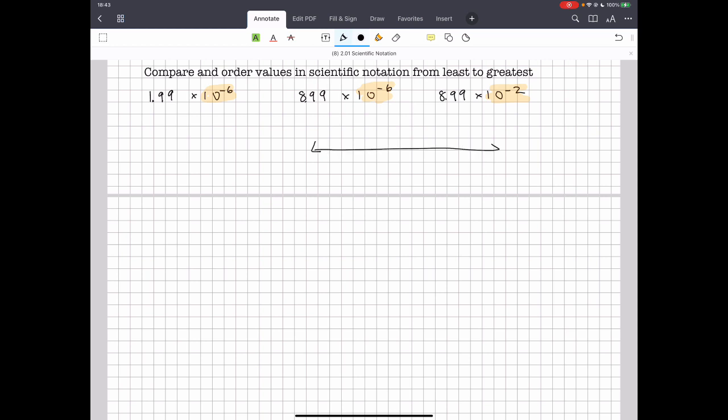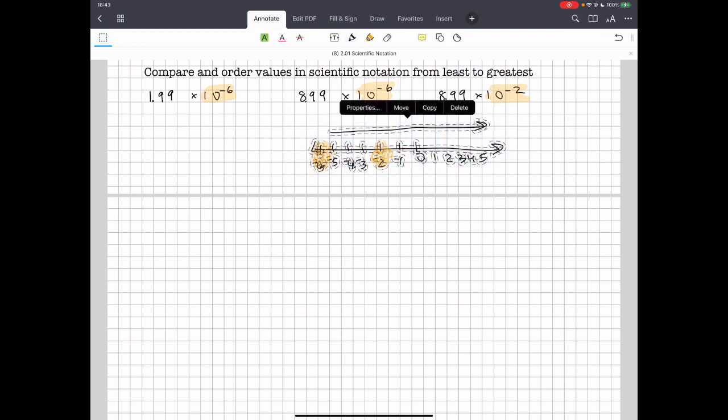If we were to look on a number line, negative 1, negative 2, negative 3, negative 4, negative 5, negative 6, we can see negative 2 is a greater value than negative 6, right? And the number line increases as we move to the right. So that's a really important thing to pay attention to when we're doing this.